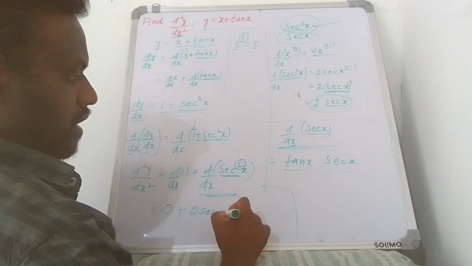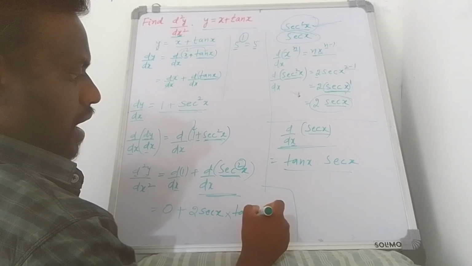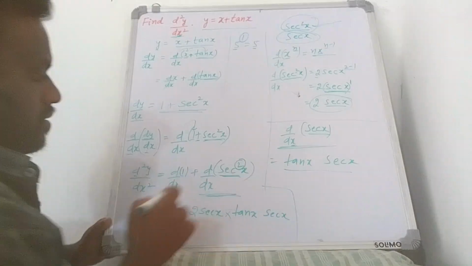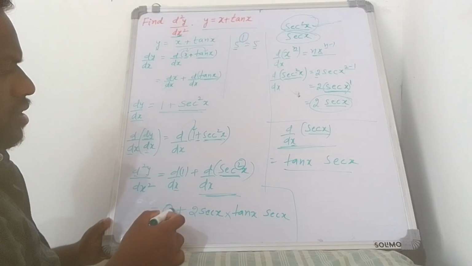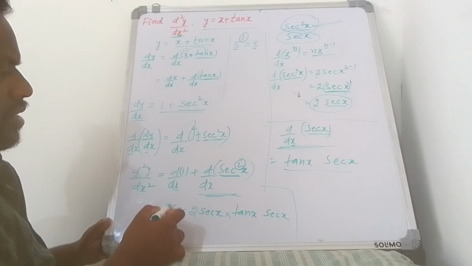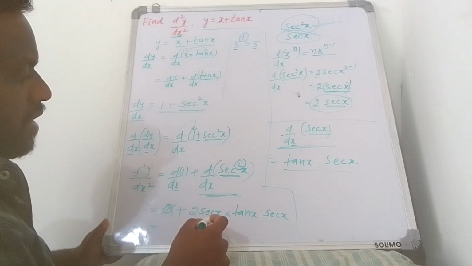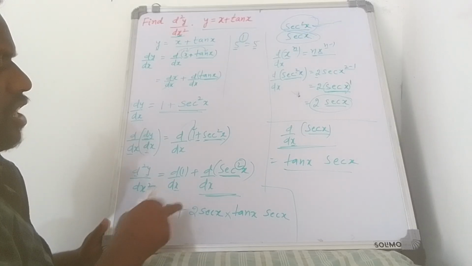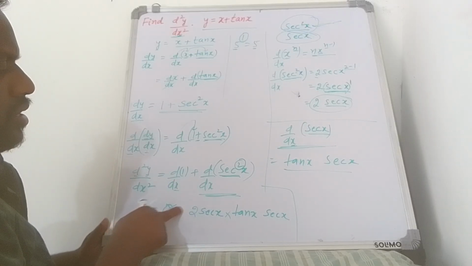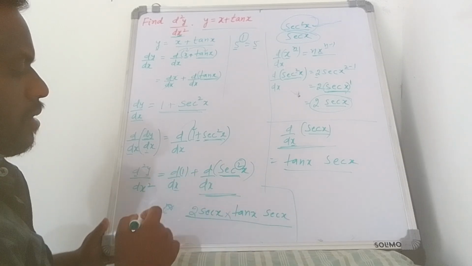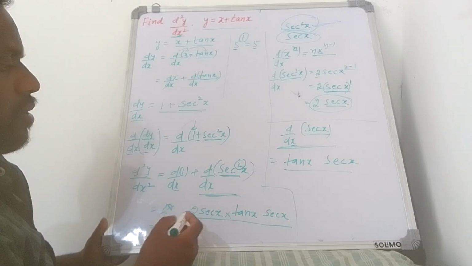So write this here again, tan x into secant x. Now 0, we have 0. You can discard it. Plus 2 secant x. If you don't write plus also, no problem, there is no wrong. You can simply write only this much. You can remove the plus, it won't become wrong.